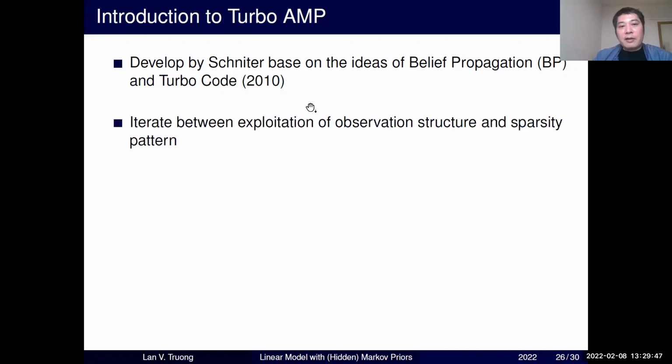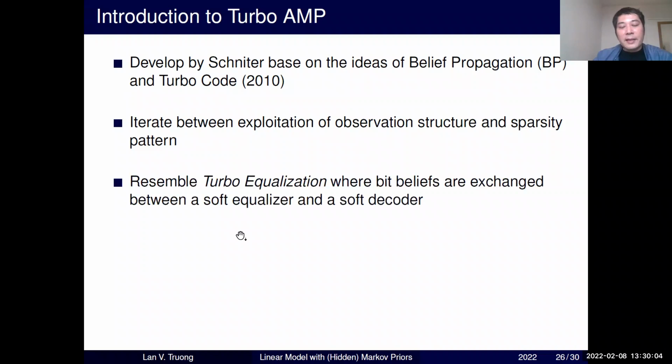The main idea of the algorithm is to iterate between exploiting the observation structure and the sparsity pattern of x_n. It is called Turbo AMP because it resembles turbo codes in coding theory.